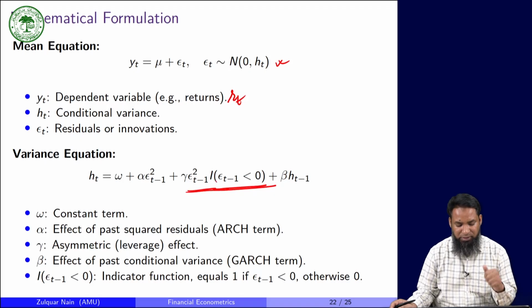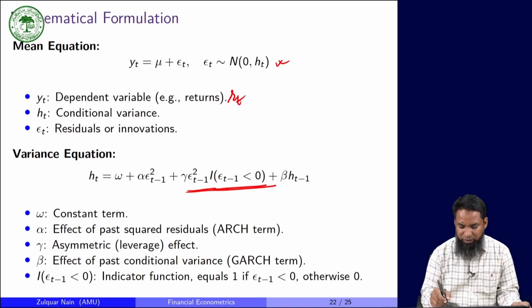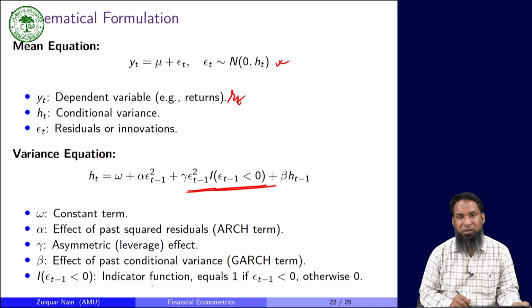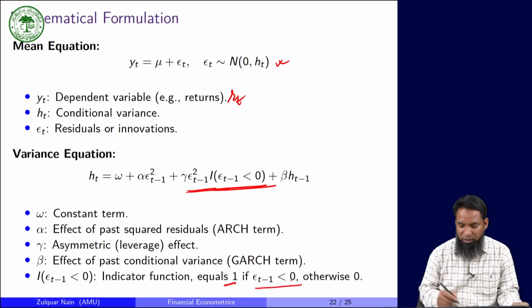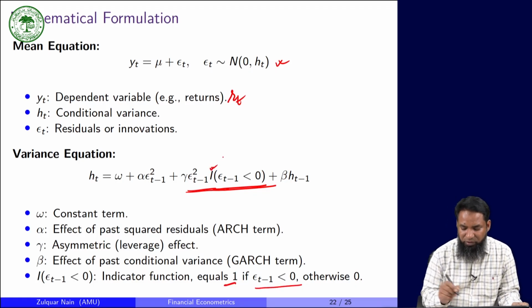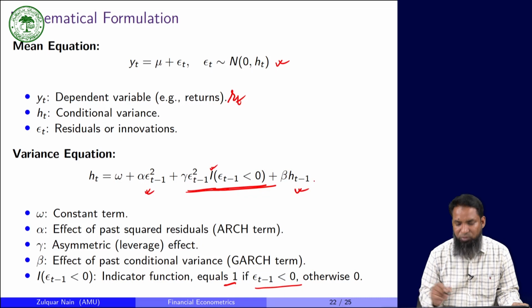Here what we are capturing is that I times epsilon_{t-1}^2, where I is the indicator function, equals 1 only when epsilon_{t-1} is less than 0. If it is not less than 0, then the value of I becomes 0, this particular term becomes 0, and we have a standard GARCH model.